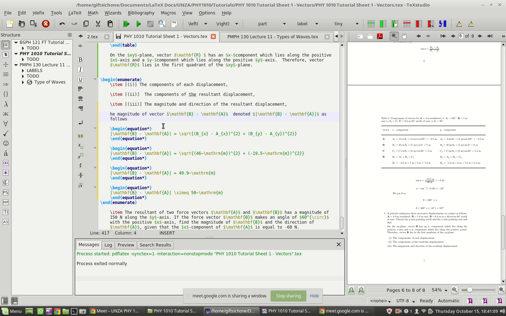Okay, so the magnitude of resultant displacements are denoted.